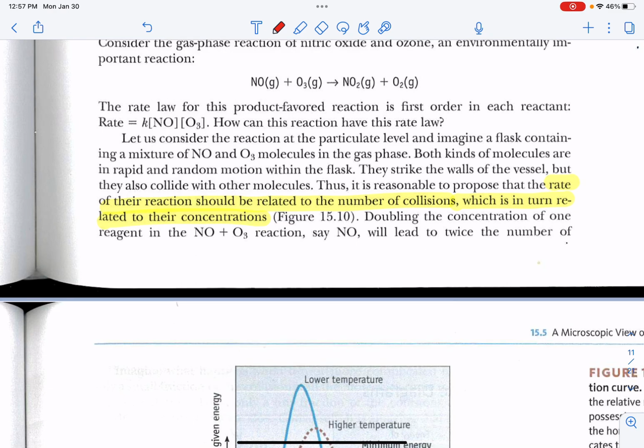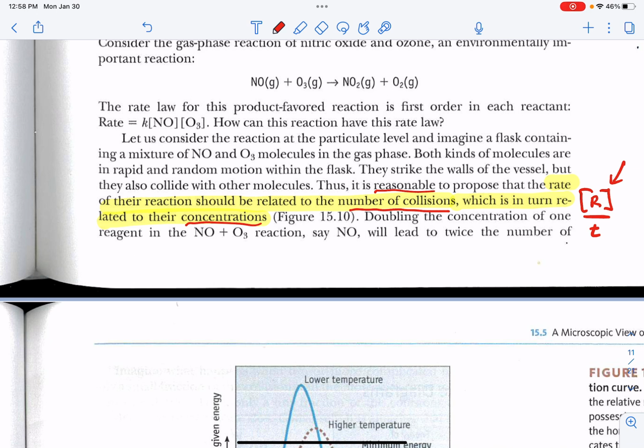So, when we continue on, we see that it's very reasonable, logically, using this model of particles that we have in our mind, that the rate of their reaction, how fast it takes place, the number of particles per period of time, the rate of change in the concentration of reactants, we could represent that by this, will be related to the number of collisions, and that, of course, is going to be a function of what their initial concentrations, or in my illustration here, the molarity, happen to be.